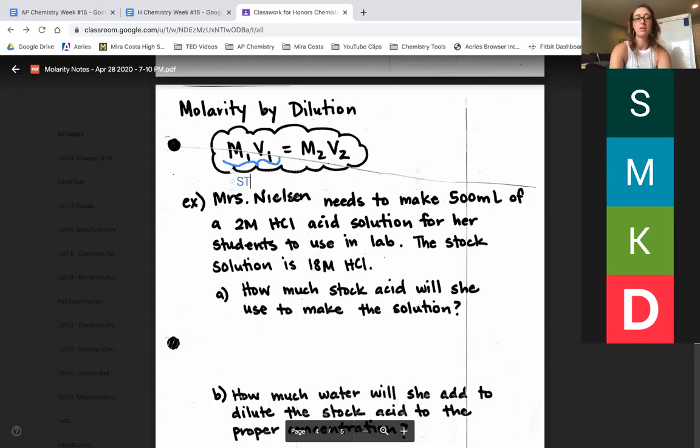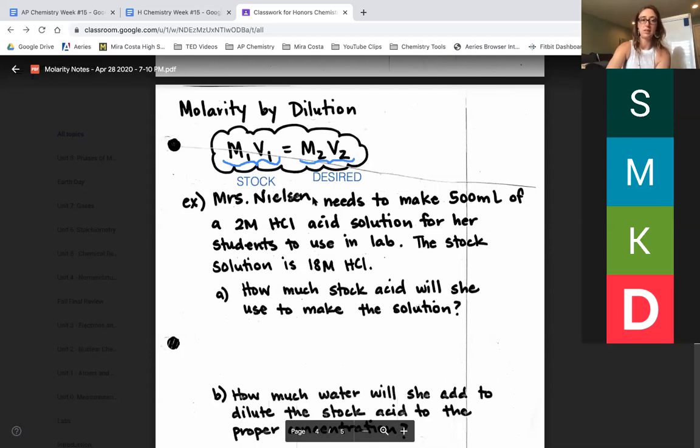And I use this equation all the time. So the M1V1 would refer to my stock, and the M2V2 would be my desired solution. So my stock solution, my desired solution.